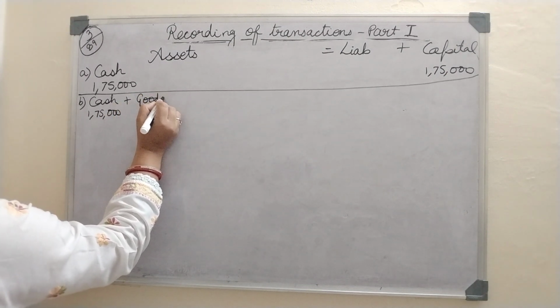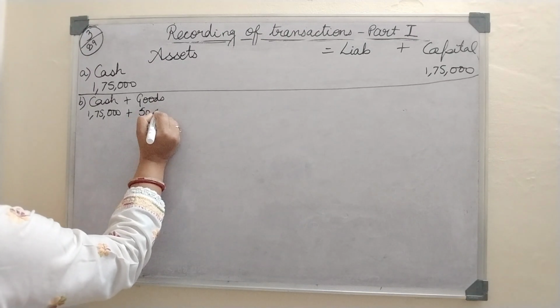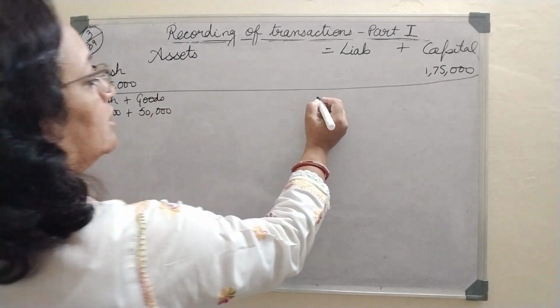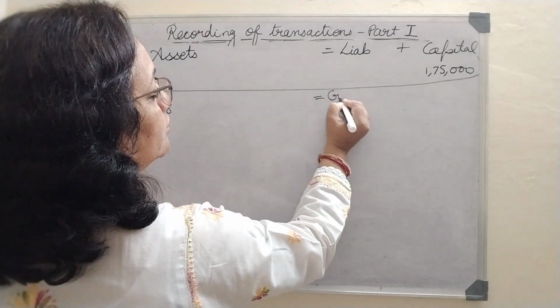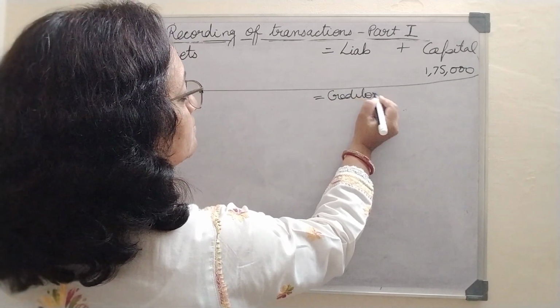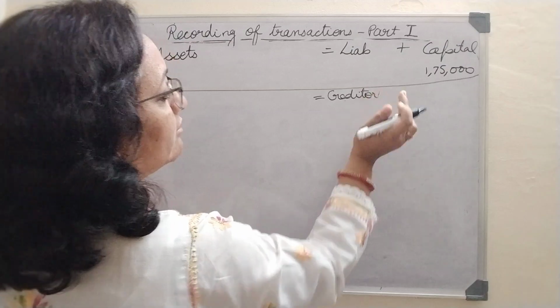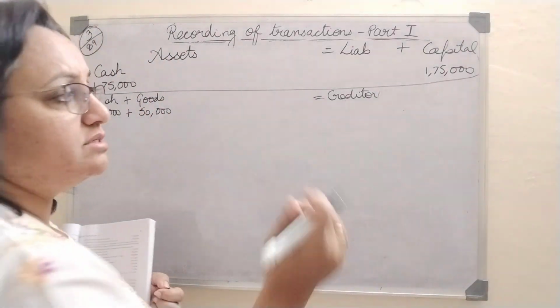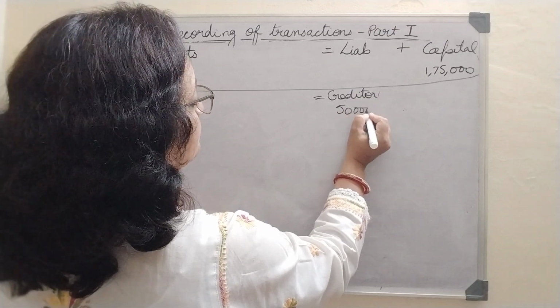So goods were purchased for 50,000. And now we come over here under the heading of liability. We will have a creditor. Creditor is who? Rohit. So we will simply write creditor, or if you want, you can write Rohit in brackets also, if you have ample space in your register. So creditor is 50,000.